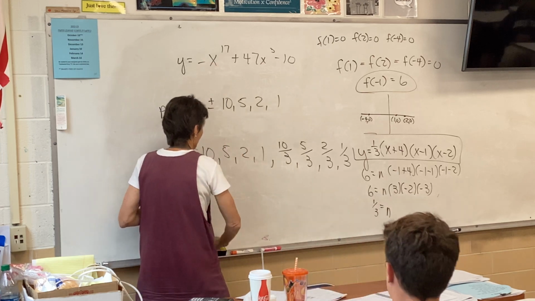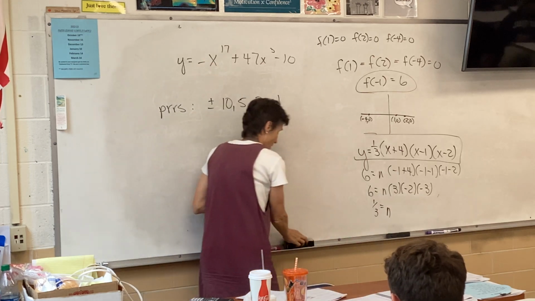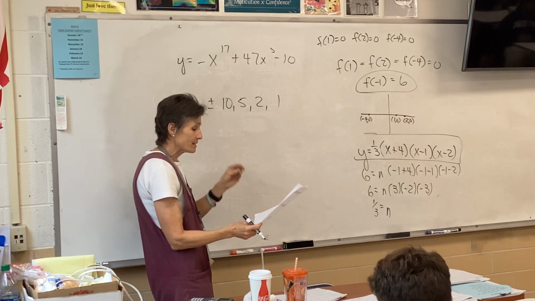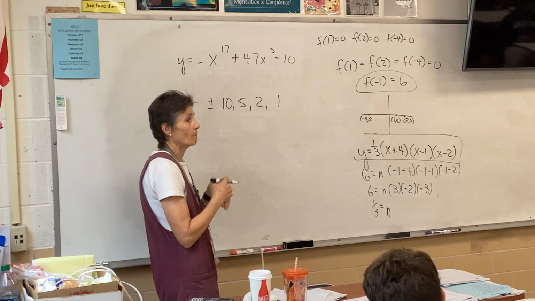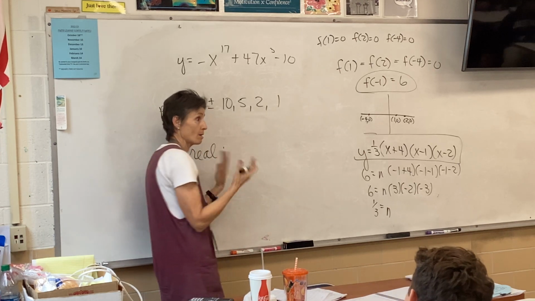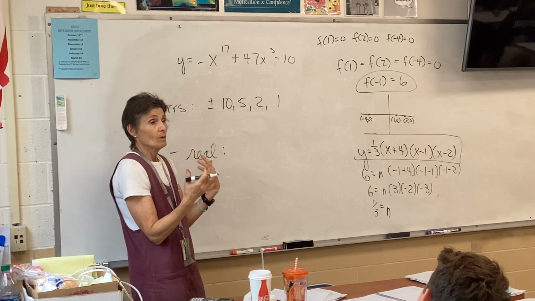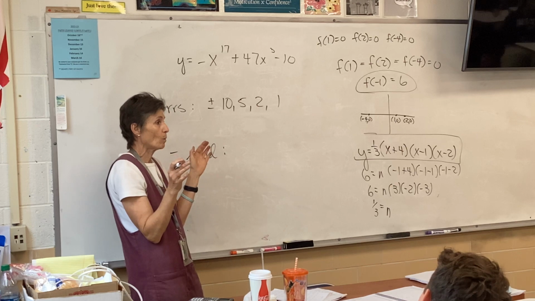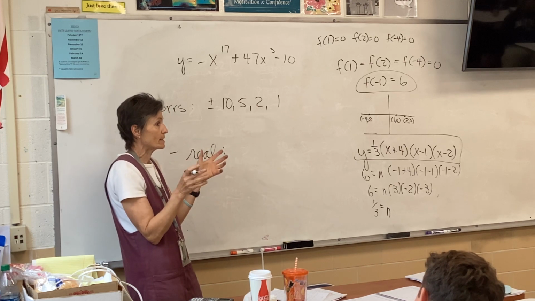So that is it for that. All right, and then it says, how many negative real roots are possible? So usually when we do Descartes' rule of signs, we are finding positive reals, negative reals, and imaginary. Well, this particular question was only the negative reals.